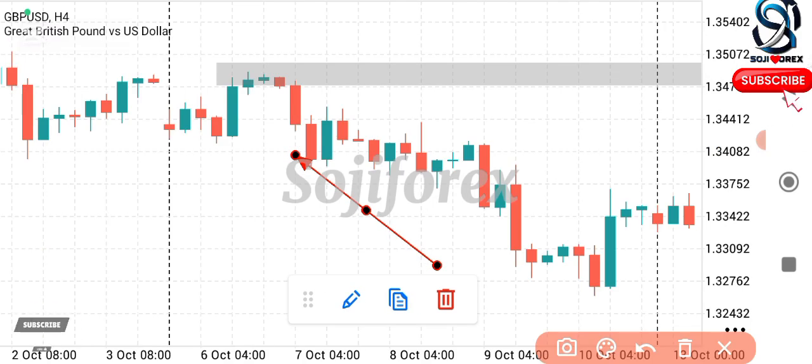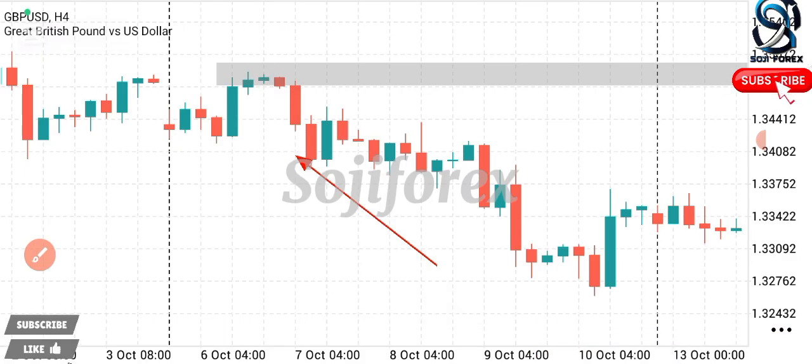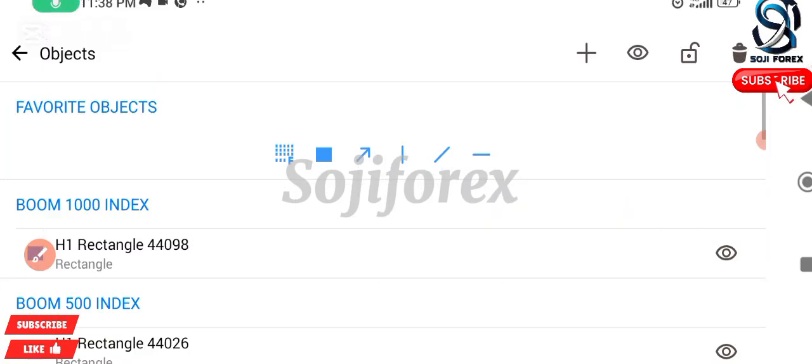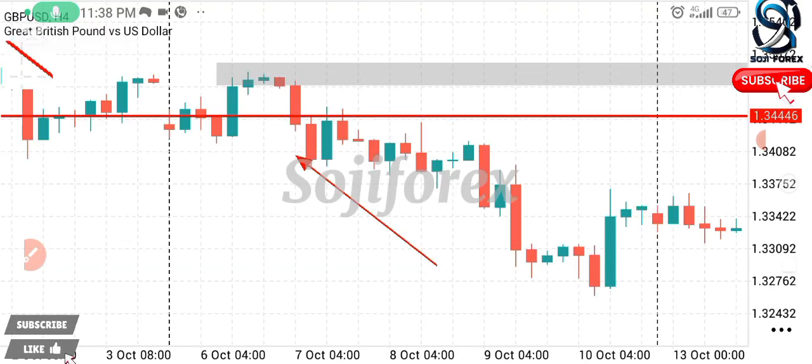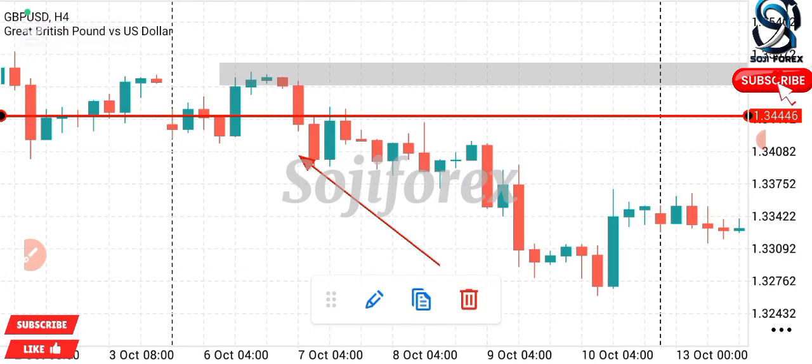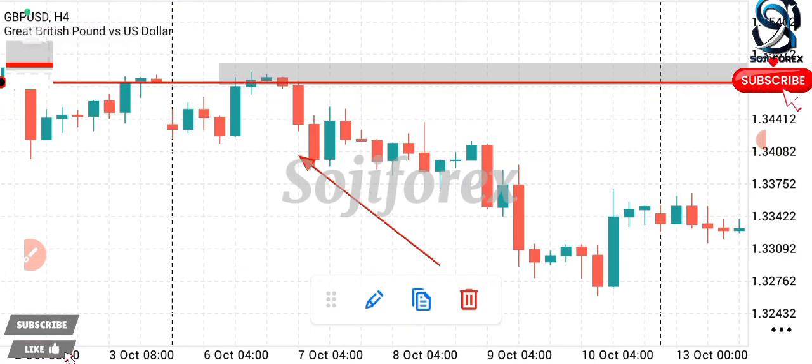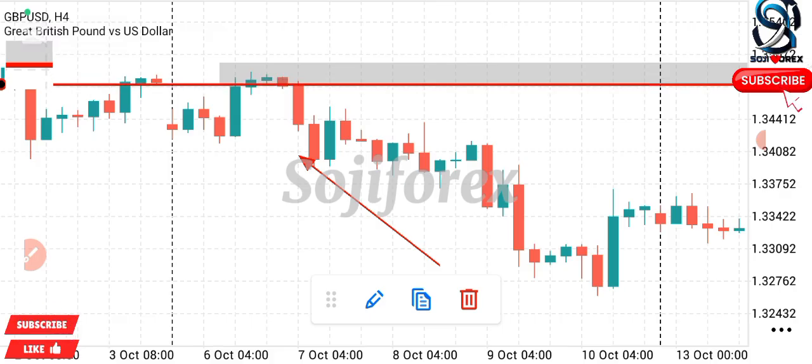What it simply means is that I'm going to consider the low of this bullish candle and the high of this bearish candle. So let me mark the low of that bullish candle. So I will pick a trend line. I will mark the low of that bullish candle for you to see. You can see that is the low of that bullish candle.